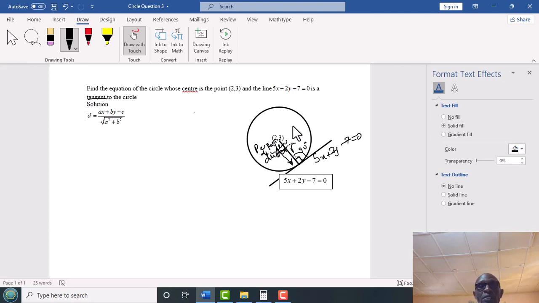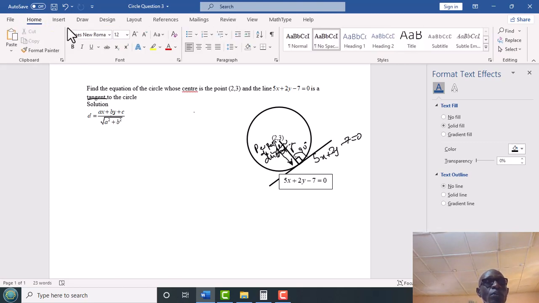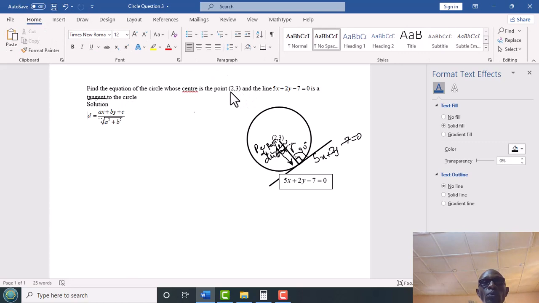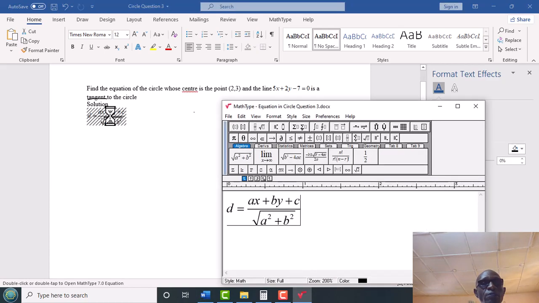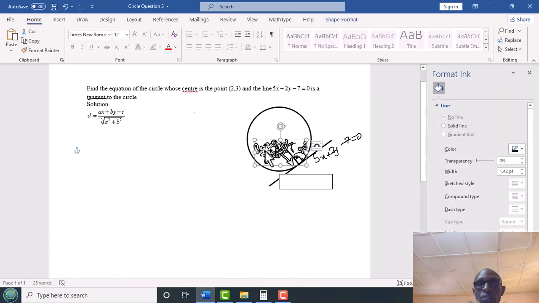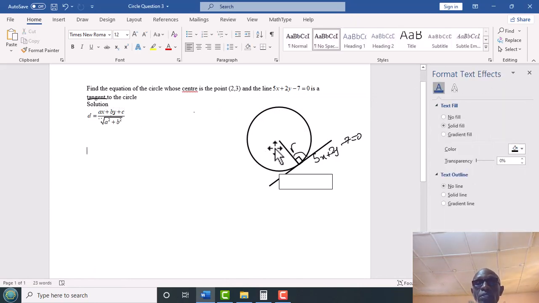The perpendicular distance is given by this formula, which I've written down here. So as you can see, that's the perpendicular distance.